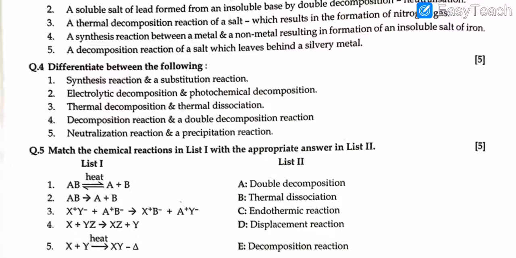Displacement, you have A plus BC which turns into AC plus B. Direct combination is when 2 compounds or elements, or 1 element and 1 compound, come together to form 1 new compound. And displacement occurs according to the electrochemical series, depending on the position. So just like that you can write various differences.